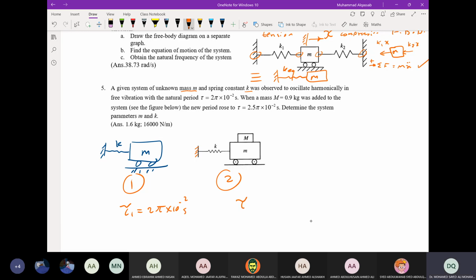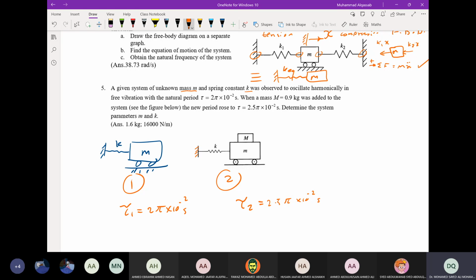For the second system, tau 2 equal to 2.5 pi times 10 to the power minus 2 seconds. There are two unknowns here, k and m, and you can find their values because we have two equations and two unknowns.